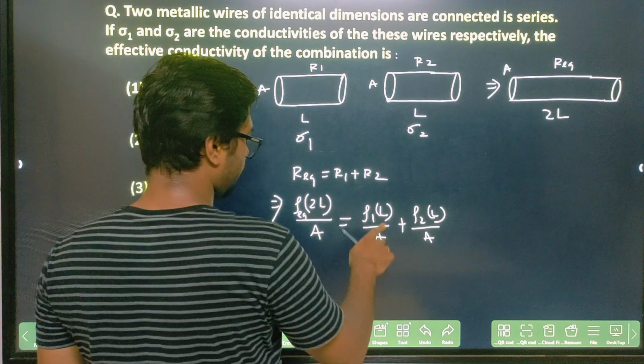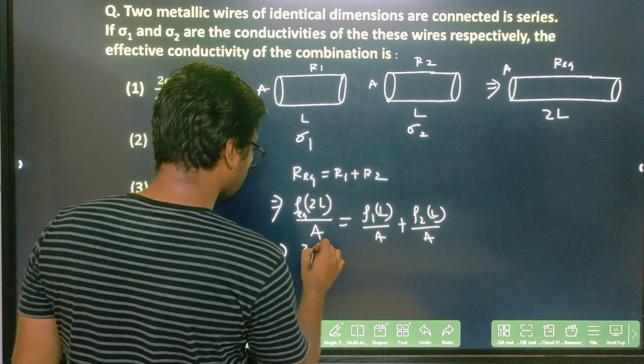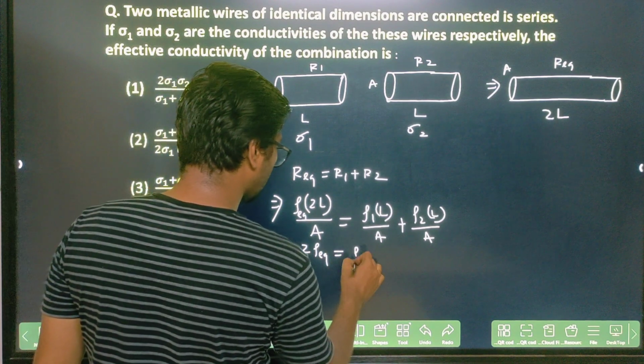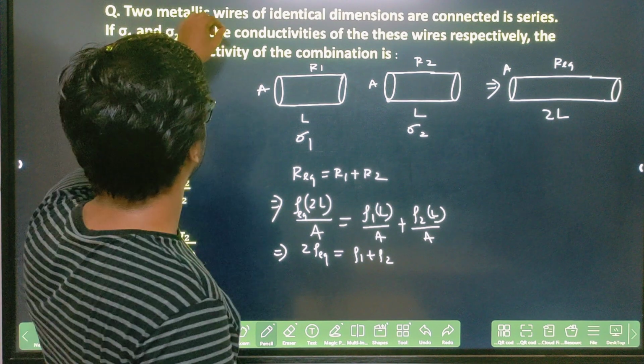So you see here L by A everywhere gets cancelled out. So you can write 2 into rho equivalent equal to rho 1 plus rho 2.